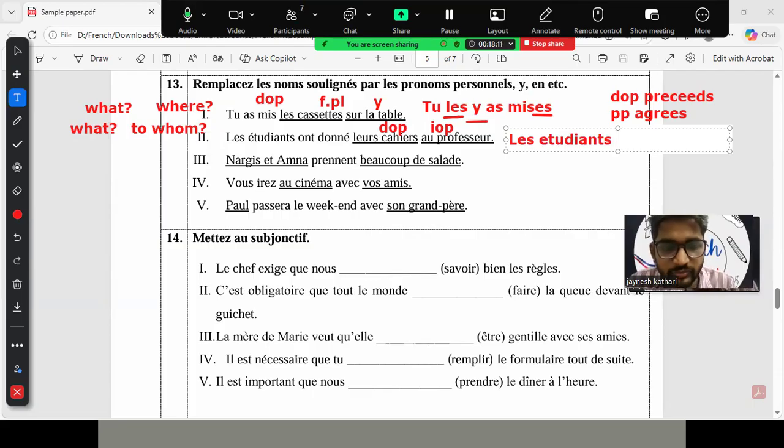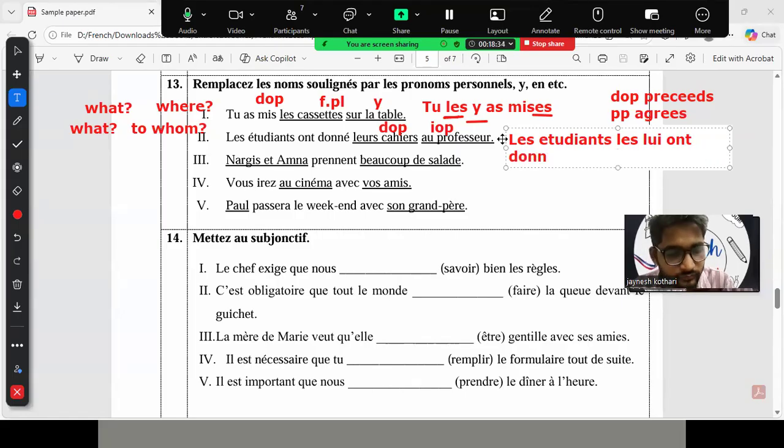Les étudiants... Anybody can guess what the answer will be? Tell me, please. Anyone who wants to help me? Which pronoun will come? Tell me. Les lui. Les and then lui. Very good. And donné will remain the same.